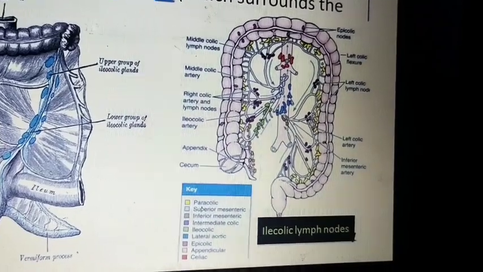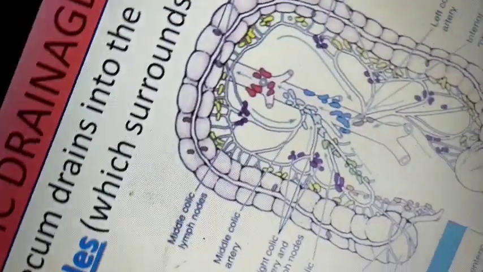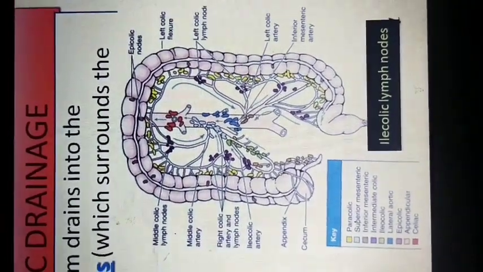This is the lymph nodal arrangement, you can see clearly in this.